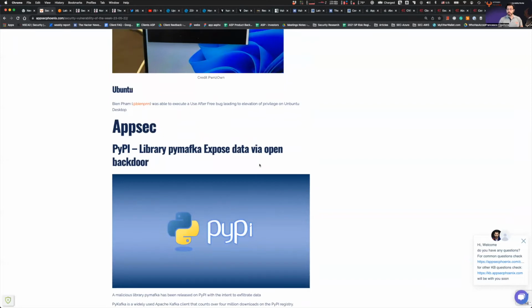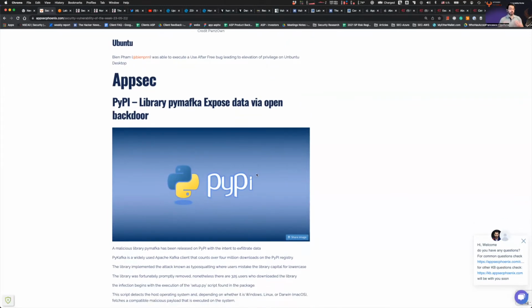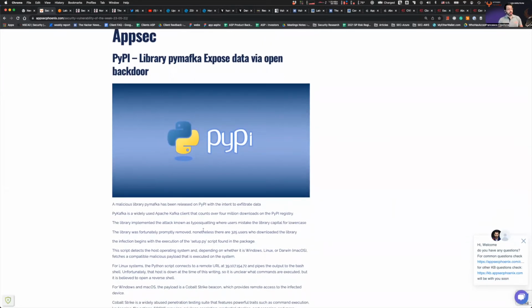From an application-specific vulnerability, there has been coverage of an interesting typosquatting attack on PyPI, the repository for Python libraries. There is more attention on the supply chain for repositories, and we've seen with Log4j that Java-based vulnerabilities are a bit more in focus.